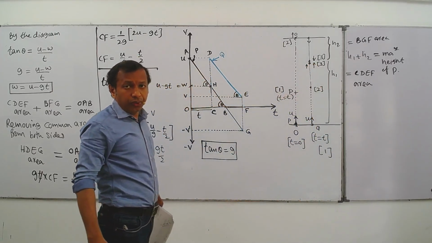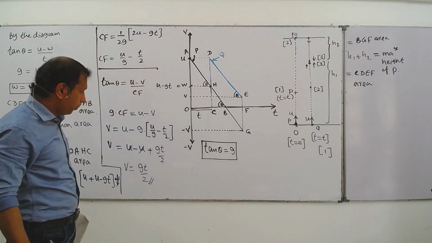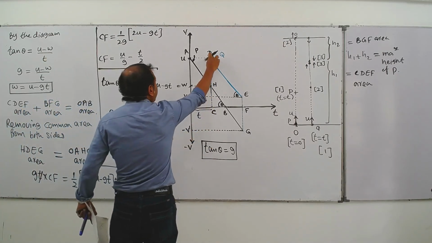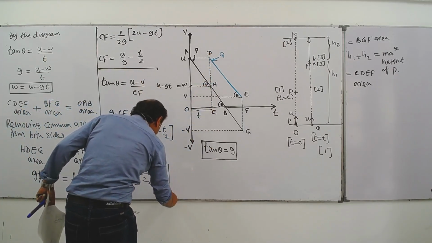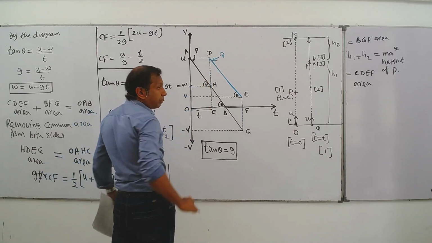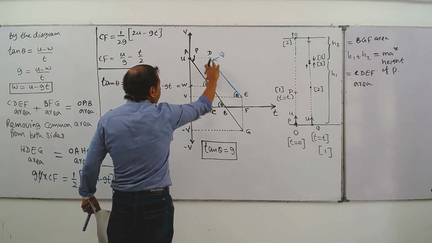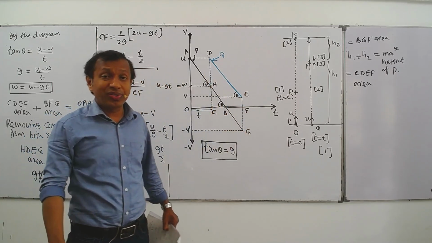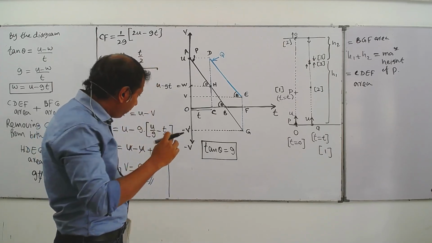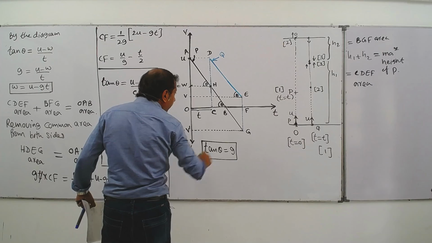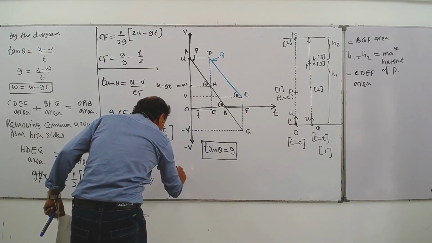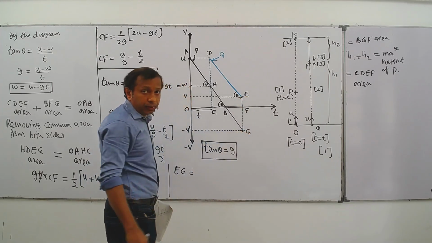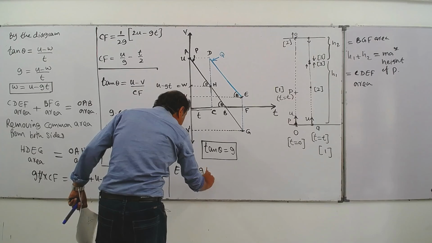We are asked to show the velocity of P is also GT by 2. That you can very easily do. We notice this DH is GT. But this DH and this EG are equal because this is a parallelogram, whose opposite sides are equal. So we can write this EG, from here to here, that's the velocity, is equal to GT.